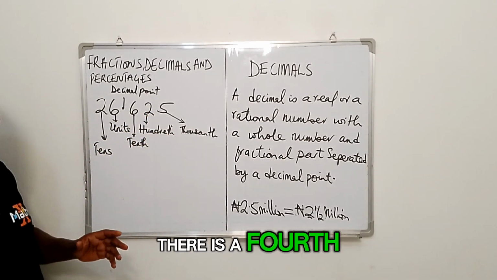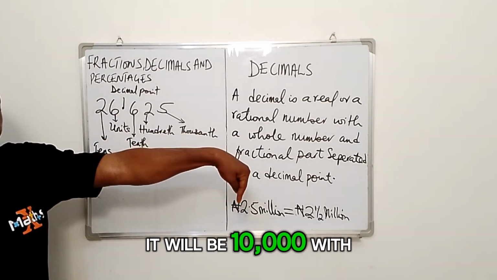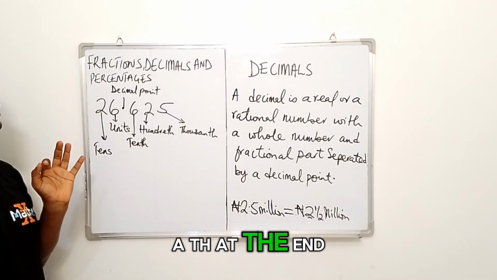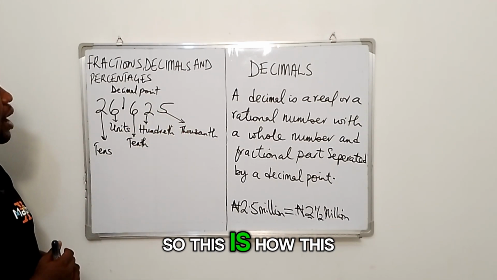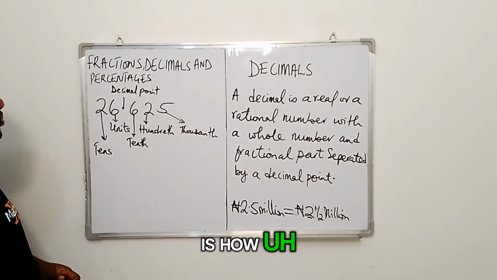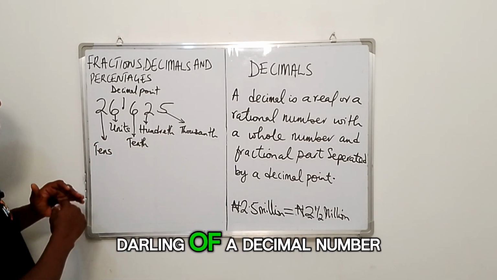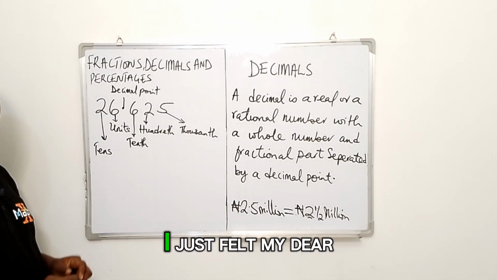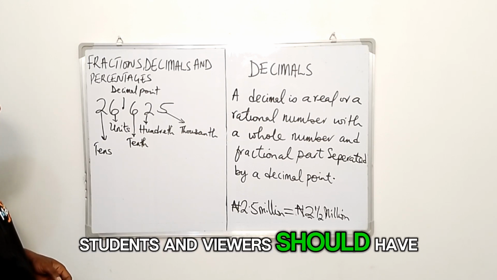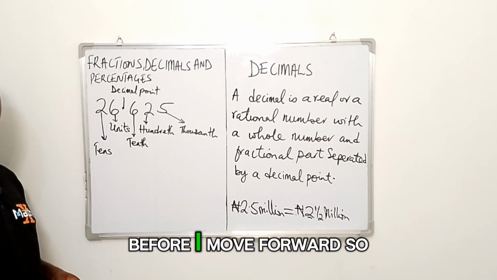If there is a fourth, it will be ten-thousandth with a th at the end. So this is the place value of a decimal number. I just felt my dear students and viewers should have an idea of this before I move forward.